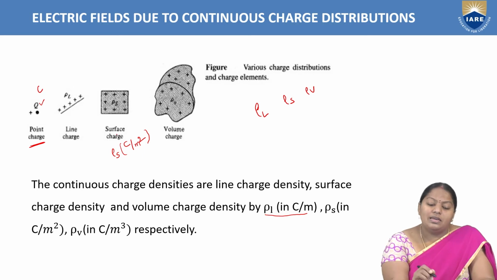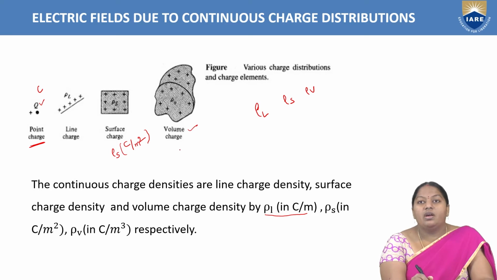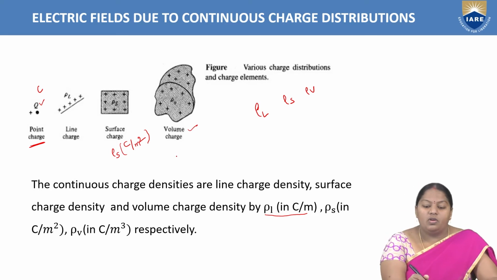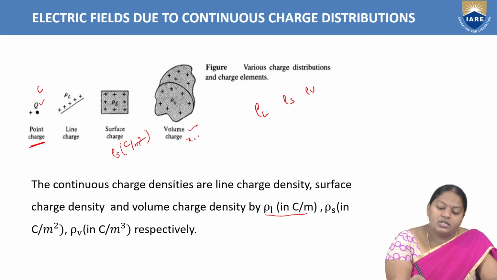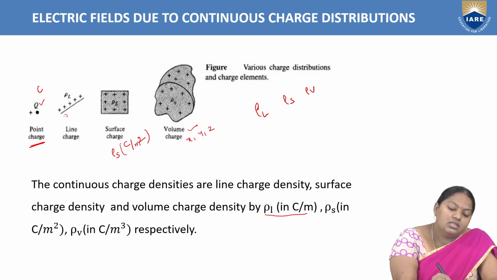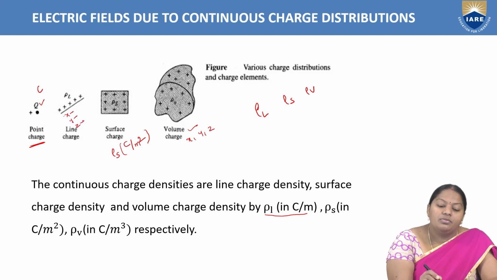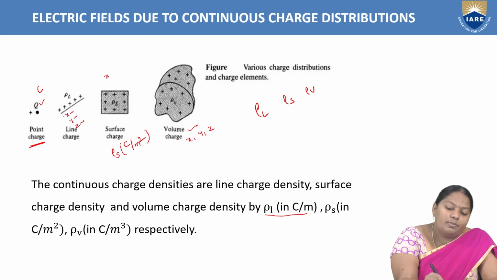Then if we close this surface, it becomes a volume charge. Volume charge means we have to consider three directions, the x direction, y direction, and z direction. Individually, we have considered either the x direction, or the y direction, or the z direction. For a surface we have to consider one plane, let it be the xy plane, yz plane, or zx plane.